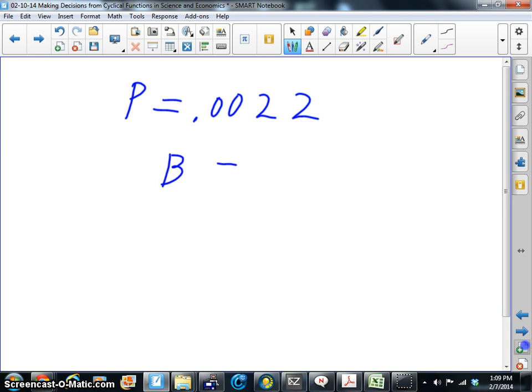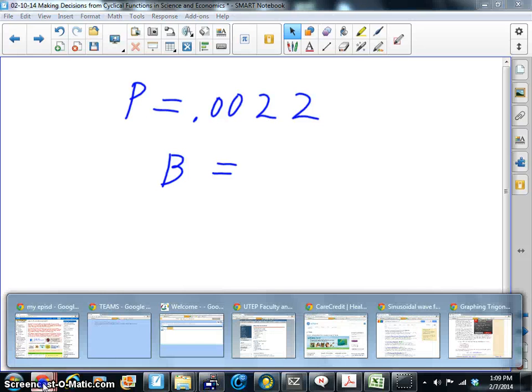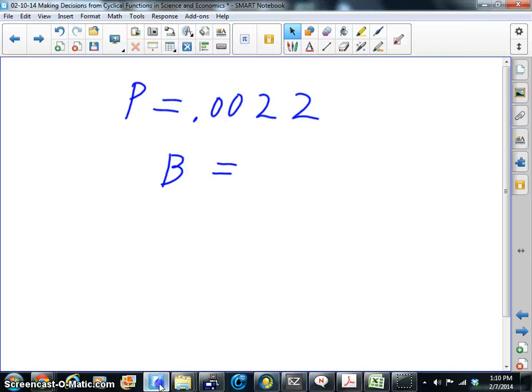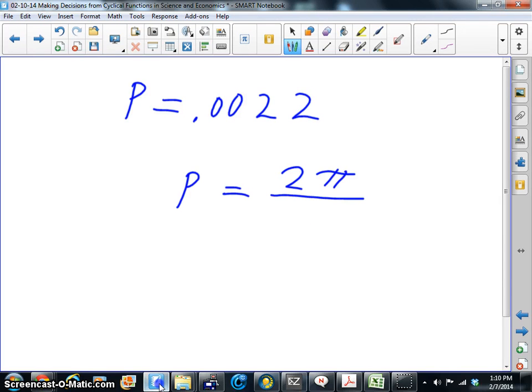B has to do with pi. I had to look this up. According to this, the period is 2 pi divided by B. So period is equal to 2 pi divided by whatever B is.